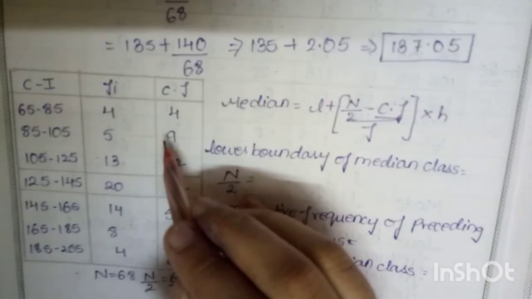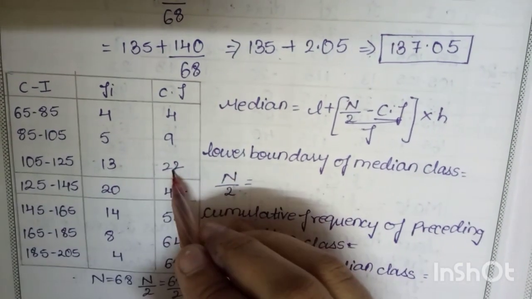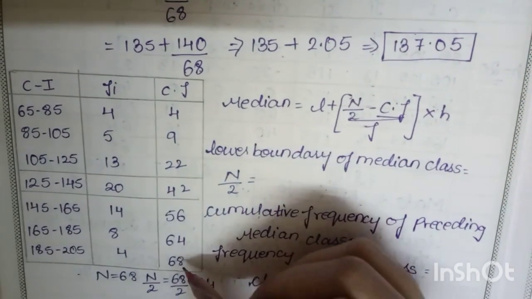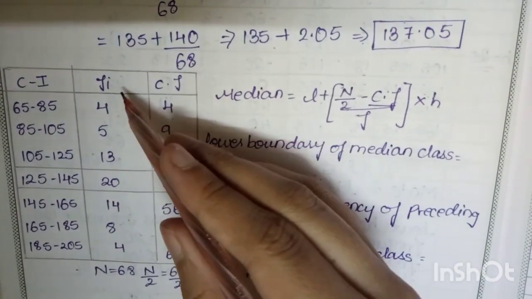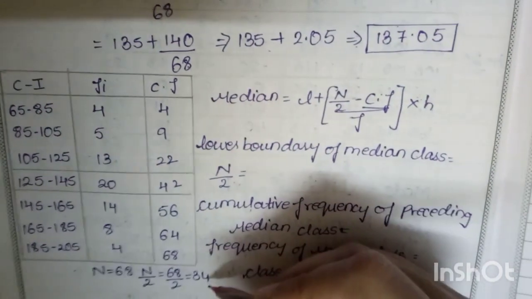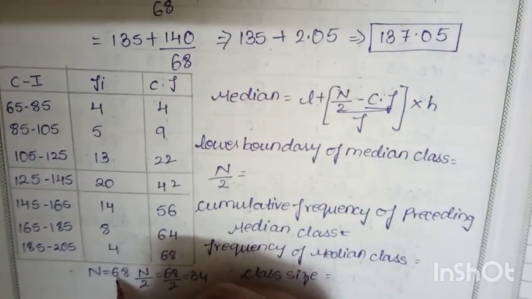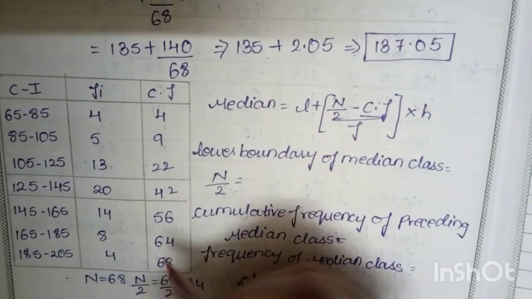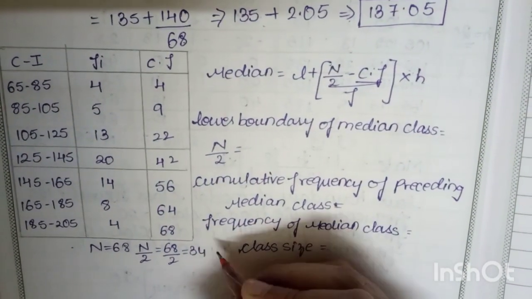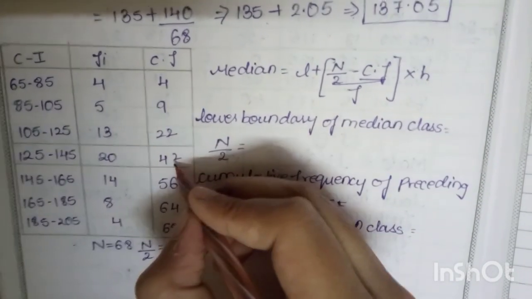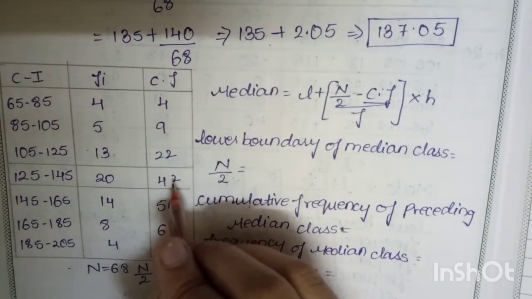Next 5 plus 4 is equals to 9. 13 plus 9, 22. So like that you have to find the cumulative frequency. And n by 2, that is the addition of frequencies by 2, is 34. Okay, so addition of frequencies will be equal to the last final number of cumulative frequency. So the just greater value of 34, which is 42, will be taken as our median class.